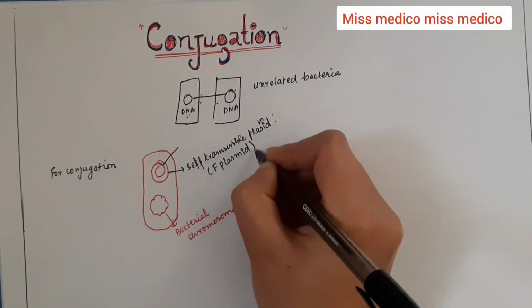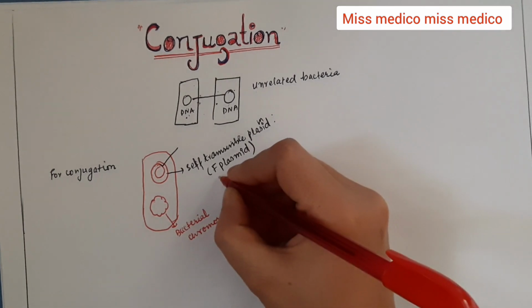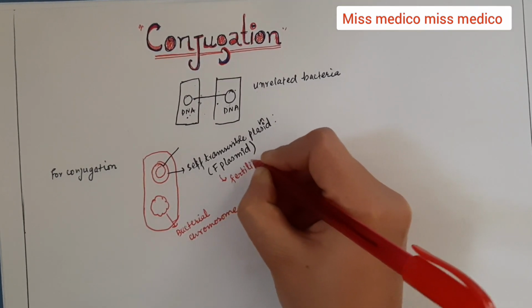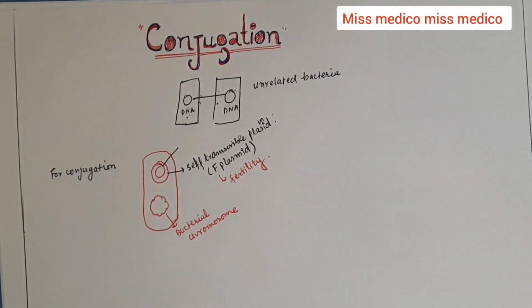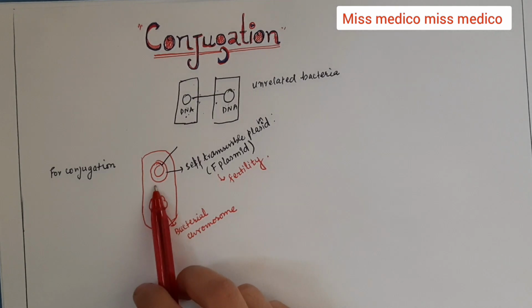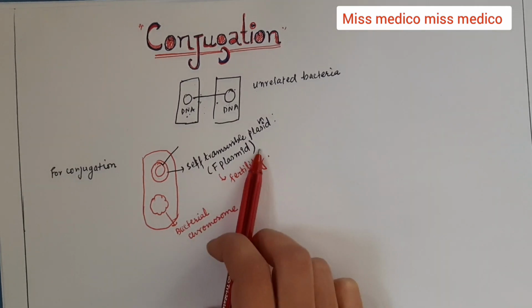F is for fertility, because it helps the bacteria. So for conjugation to occur, one bacteria must possess a self-transmissible plasmid, also called F plasmid.